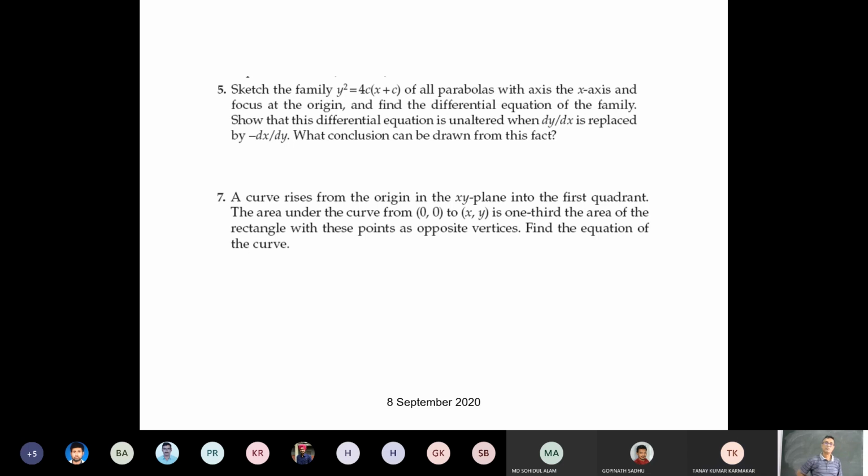See, the drawing part I'm going to do, don't worry about that. But have you come across any problems like that? Because there is some question being asked, like what conclusion can be drawn from this fact?